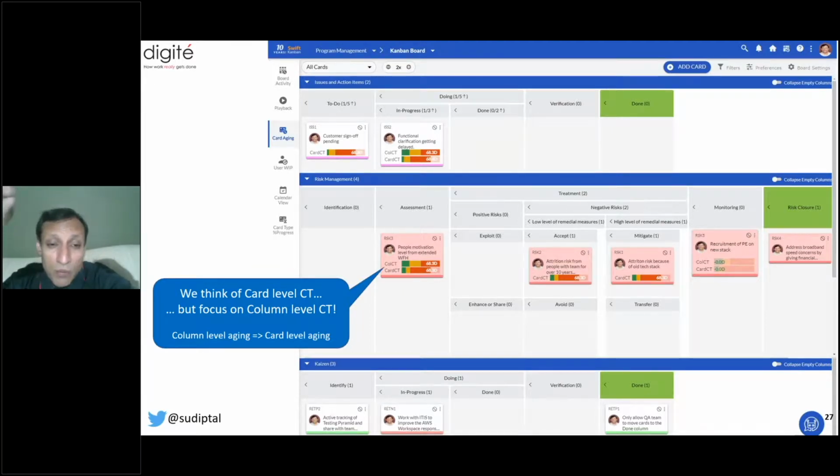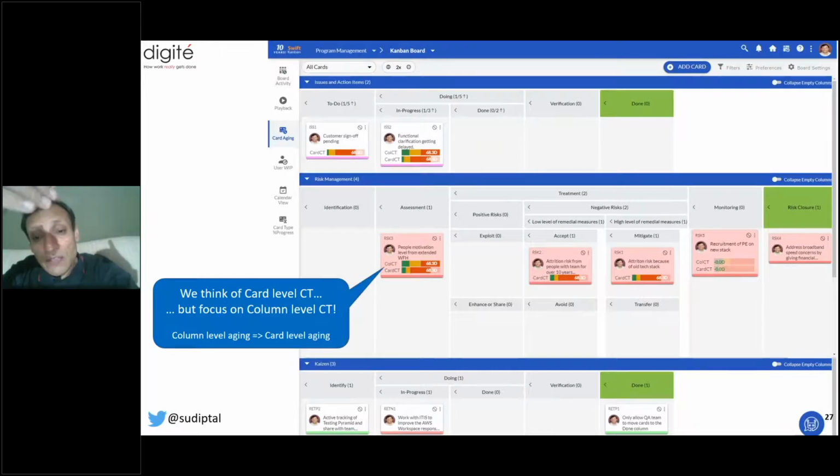People completely miss the perspective on the qualitative dimensions. So it's very important to understand and focus on the aging of the card that you have. And anytime a card is aging, in a tool like ours, you can actually put thresholds to be able to say whether it is red, amber, green.